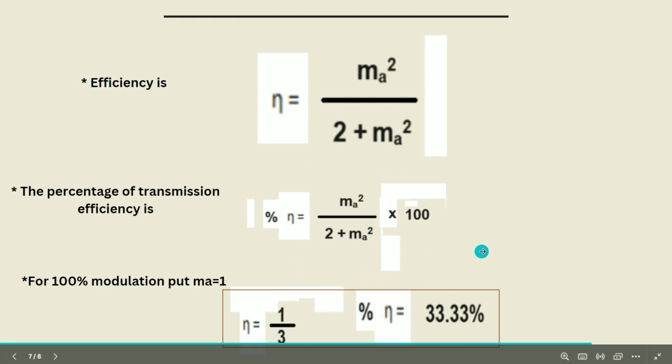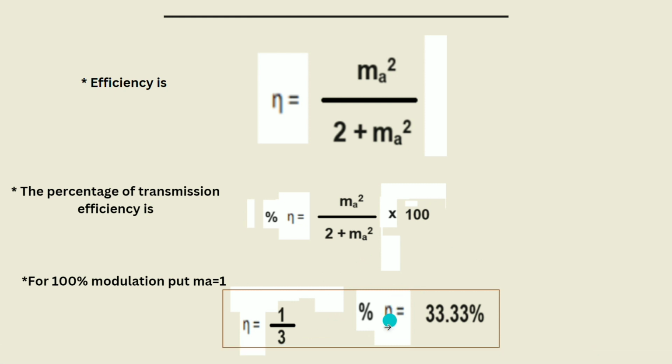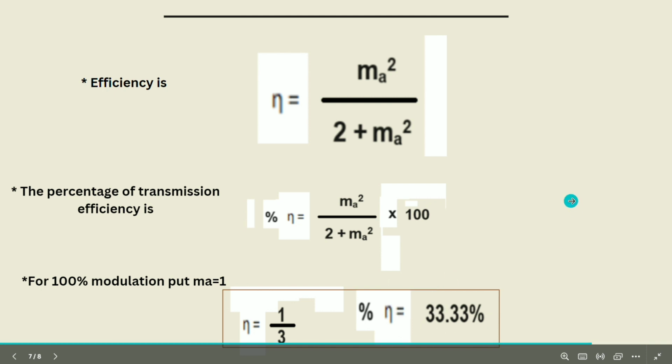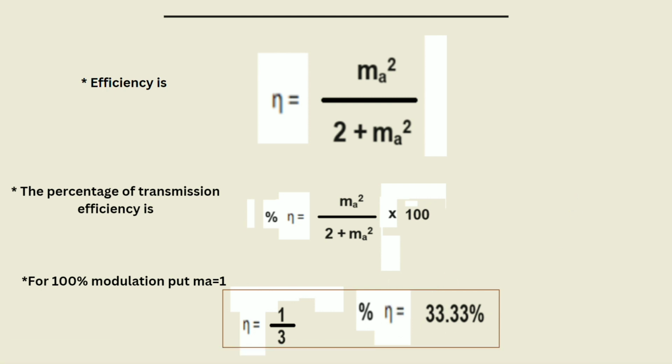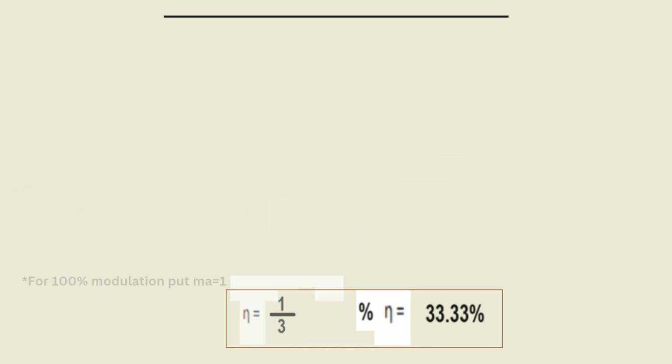In terms of percent, the efficiency is 33.33%. So the transmission efficiency of the AM system is only 33.3%. The rest of the power is wasted in transmitting the carrier signal. Thanks for watching this video.